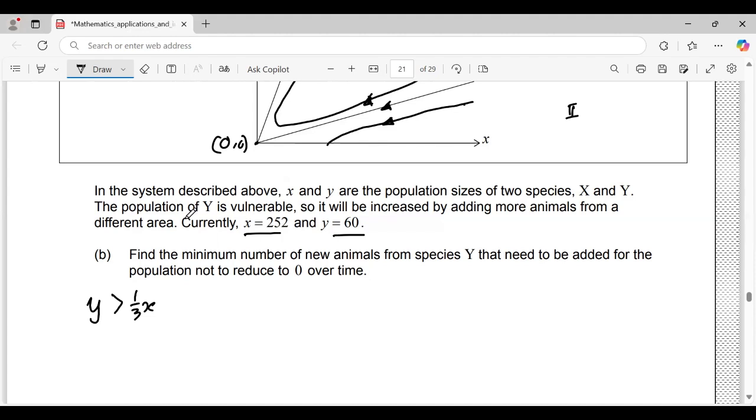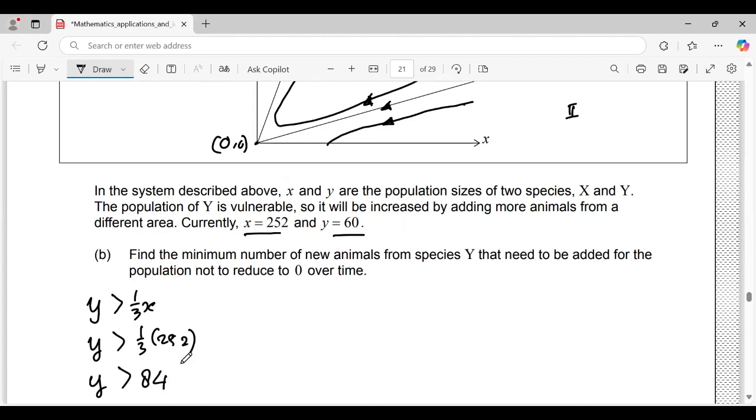According to this inequality, y greater than one third x, with x equal to 252, becomes y greater than 84.